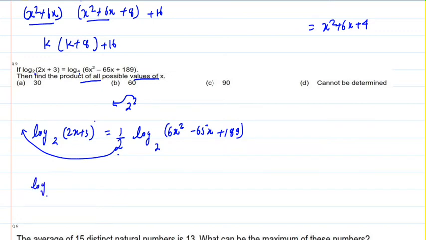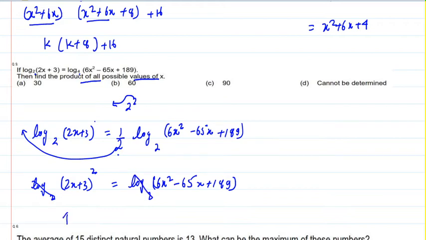So what I have got here is log of (2x plus 3) whole square with a base of 2 is equal to log of 6x square minus 65x plus 189 with a base of 2. Now see, this is not an inequality based question, so I can easily cancel log with the same base on both sides. That generates 4x square plus 9 plus 12x is equal to 6x square minus 65x plus 189.